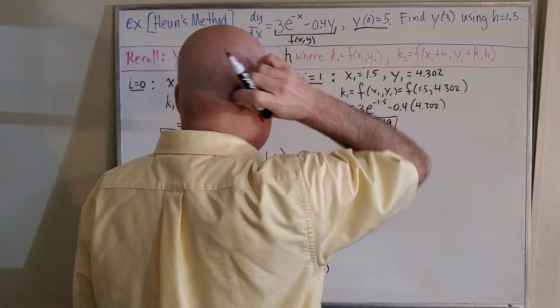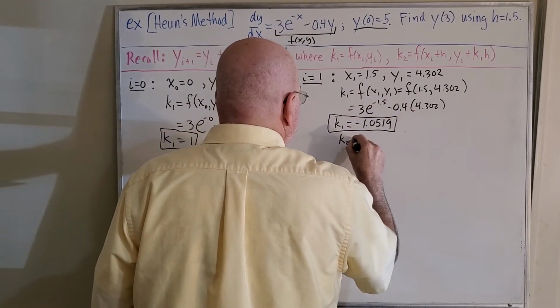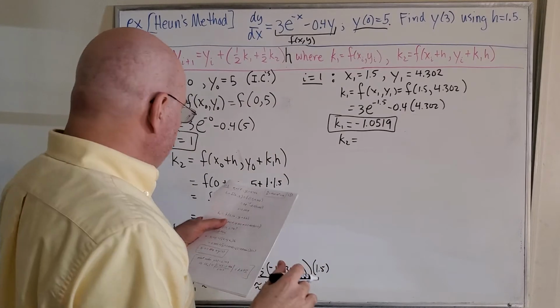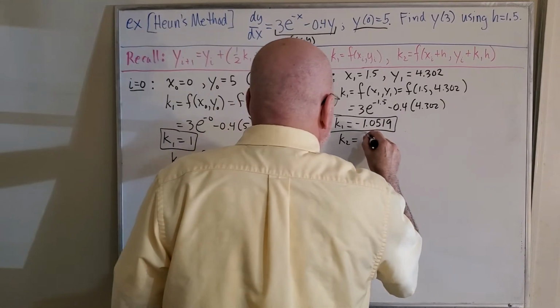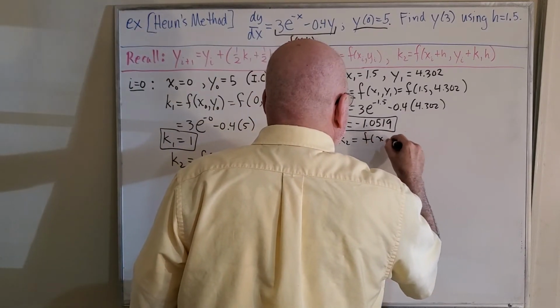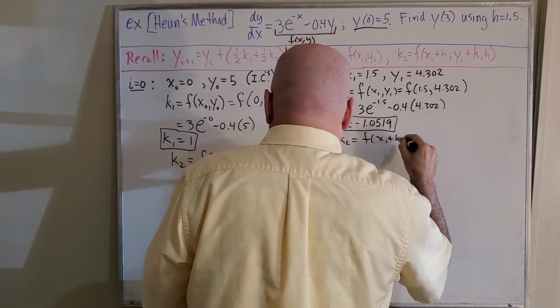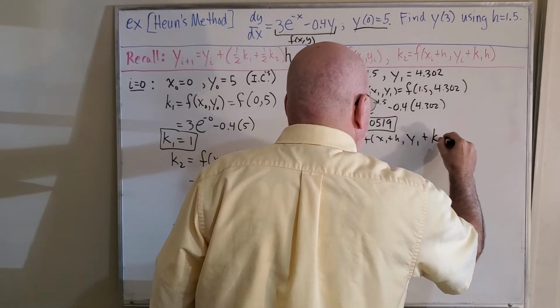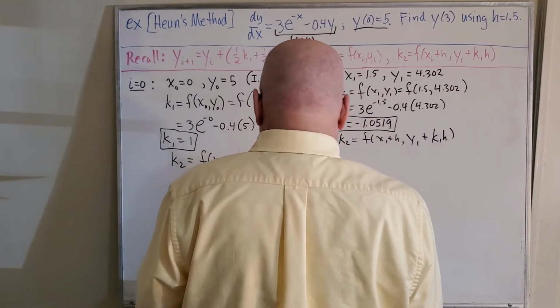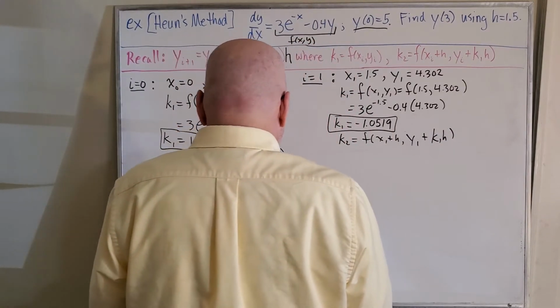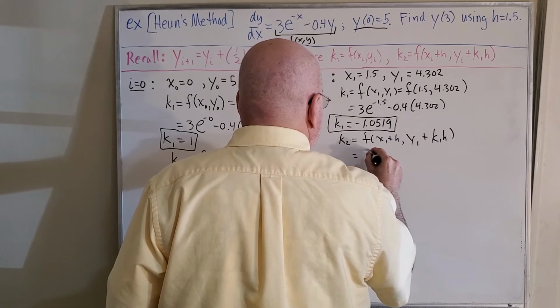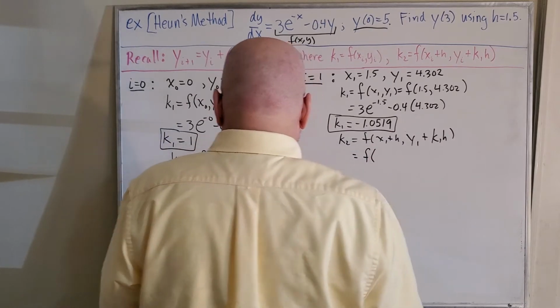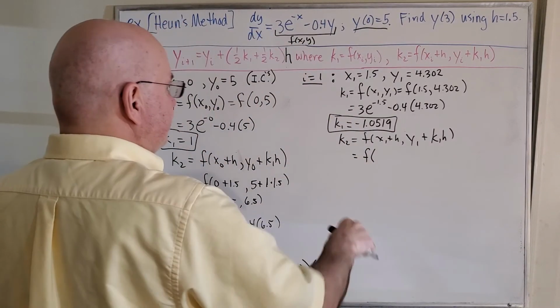Now we go to k2. k2 is a little longer formula. It is f of x1 plus h, y1 plus k1 h. And that gives us f of, I'm going to skip a little bit of arithmetic.